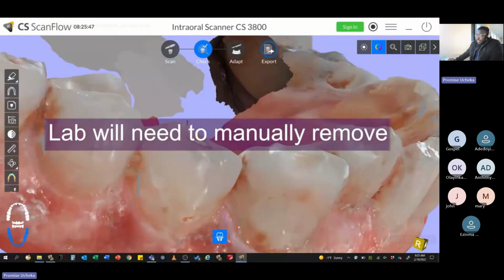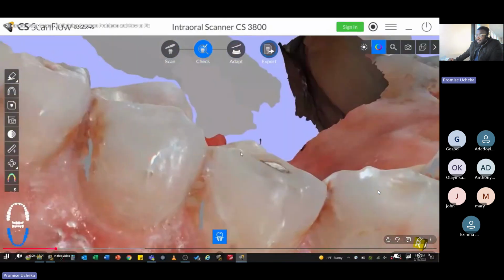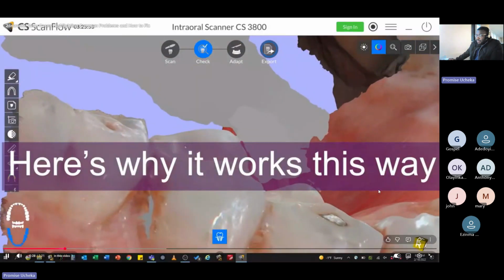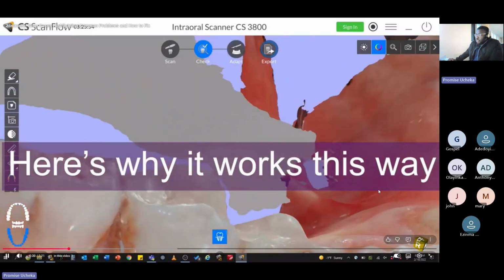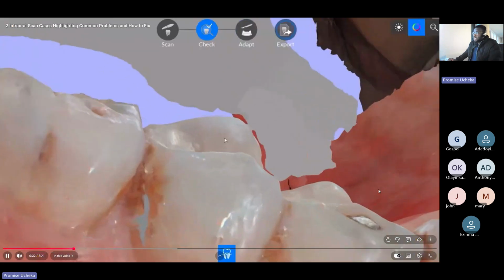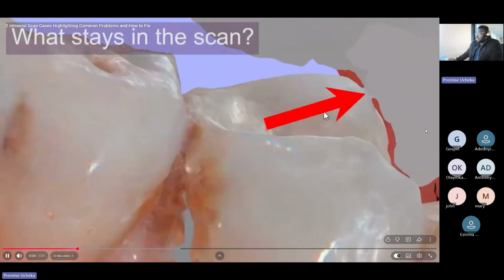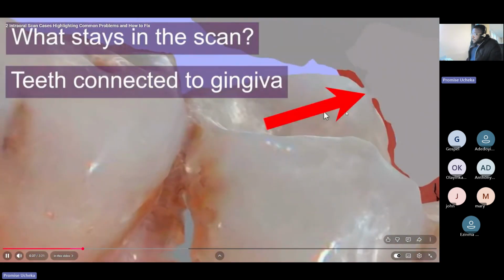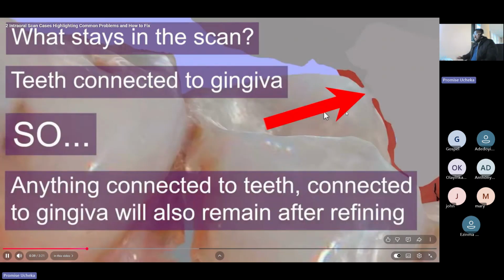Did you notice that? So when there are problems with the scan, you can also correct it. You can see in this area that the teeth are connected to the tissue.